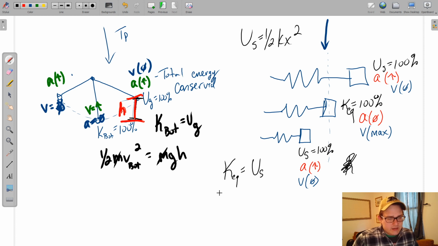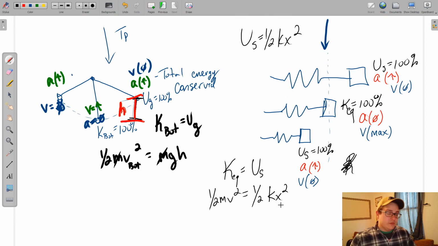So what we get here is kinetic energy is 1/2 mv squared. Spring energy is 1/2 kx squared. And so we do find here mass does have a role to play. So I earlier talked about there's no relationship of mass on the period of a pendulum. There is a relationship with mass on the period of a spring system, and we see that pop up right here.